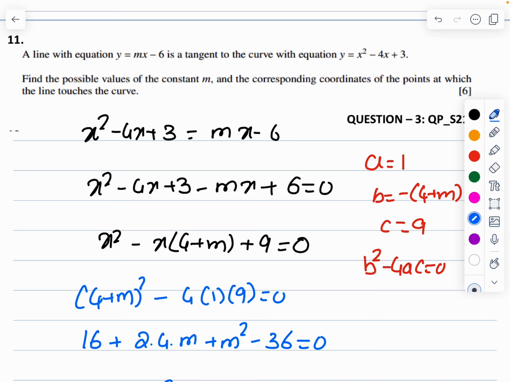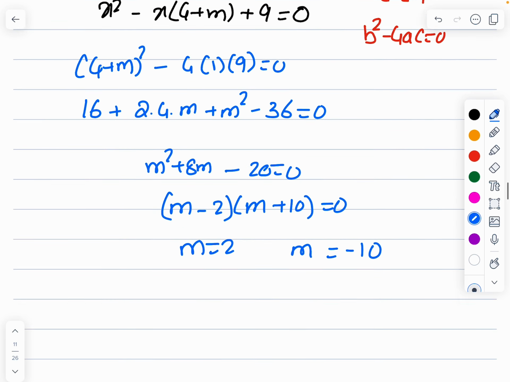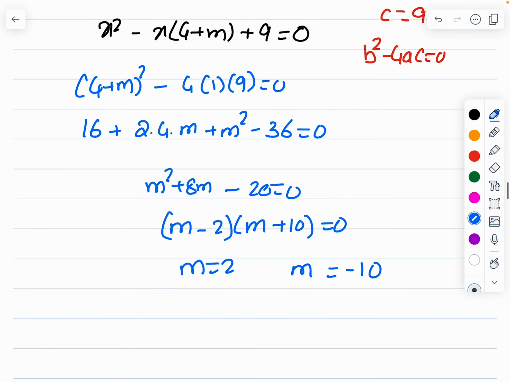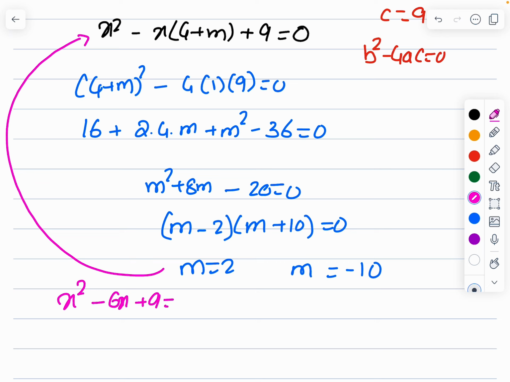Now we got two values of m. I'll substitute those two values of m. If I take m equals 2 and plug it back over here, I get x square minus 6x plus 9 equals 0.